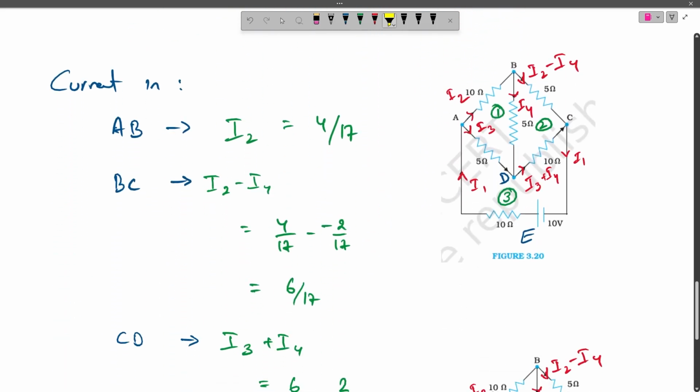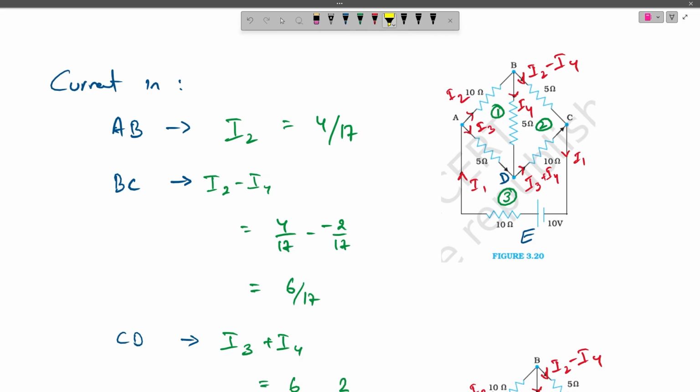Now we can find the current in each branch as it is in the form of I2, I4 and I3, and we can write I1 as I2 plus I3, or I2 minus I4 plus I3 plus I4, which is equal to I2 plus I3 only.